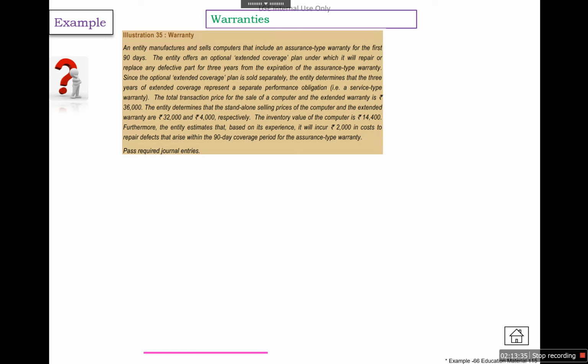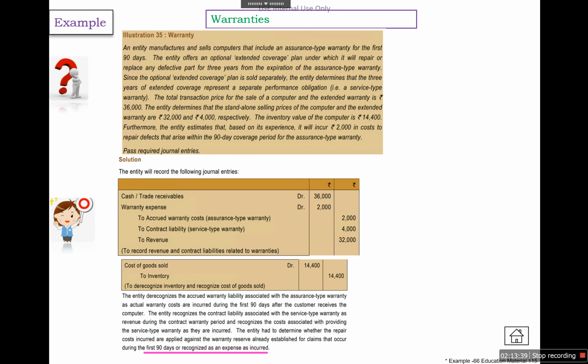So here we need to check how the entity will record the transaction, as below. We will debit the trade receivable for 36,000, and there is a warranty expense, because it is an assurance type of warranty, so we will book it as an expense.